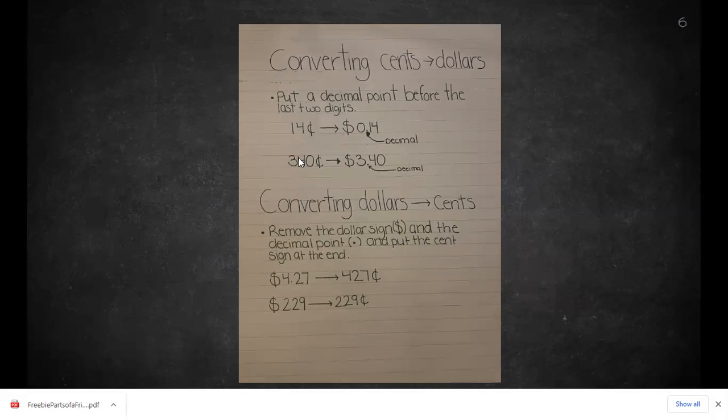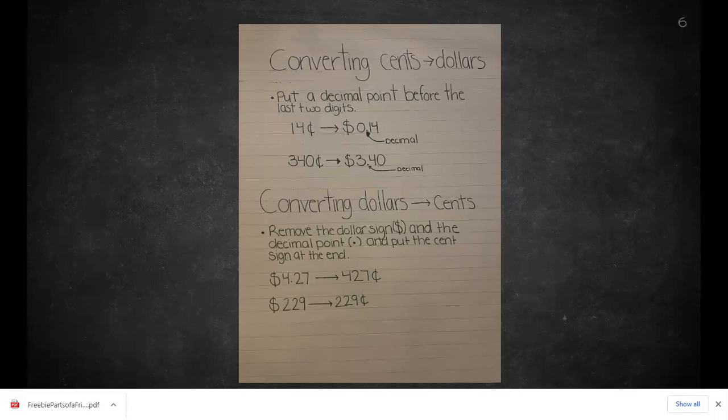As you can see in the example below, 340 cents. We're going to put the decimal before the 4 because that is before the last two digits of the number, and that becomes $3.40.